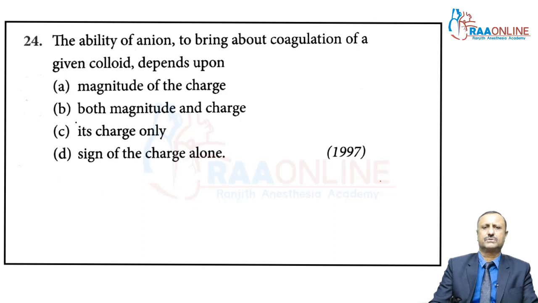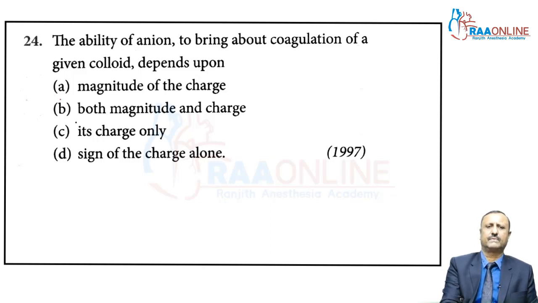Now, we can see question number 24: the ability of an ion to bring about coagulation of a given colloid depends upon. My dear students, it depends upon, as we already saw in this theory and concept, magnitude and charge.